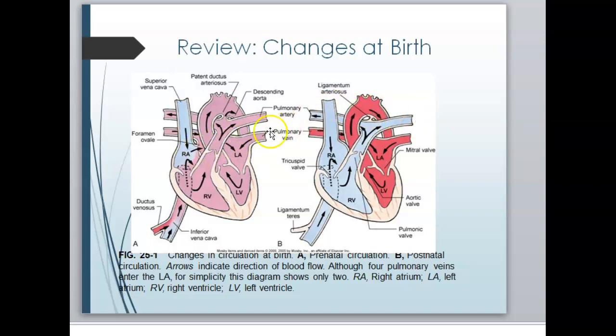Once the child's born, hours, days, or weeks later, depending on which structure you're referring to, this closes up or becomes a ligament. The pressure of the left atria is greater than the right, which pushes the wall of the foramen ovale to close, and that usually happens within minutes after birth. The others may happen within days or weeks.